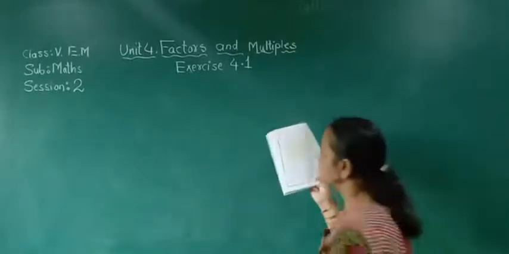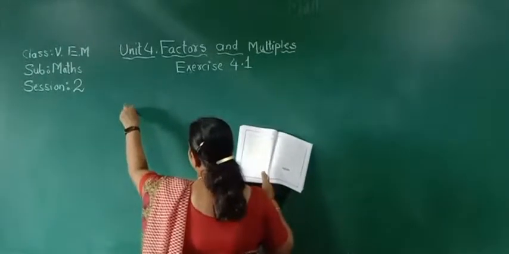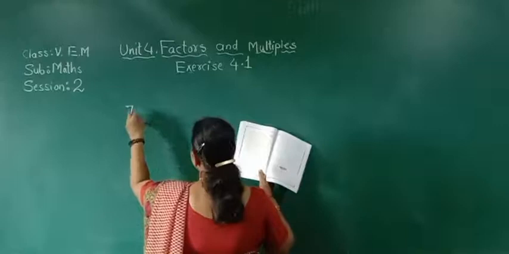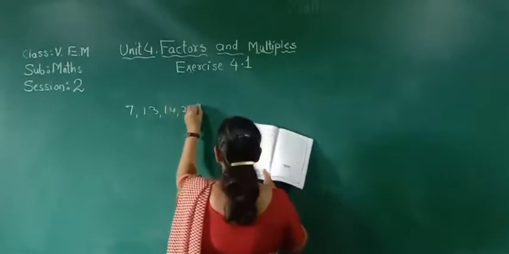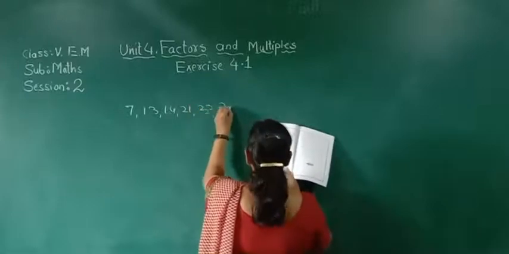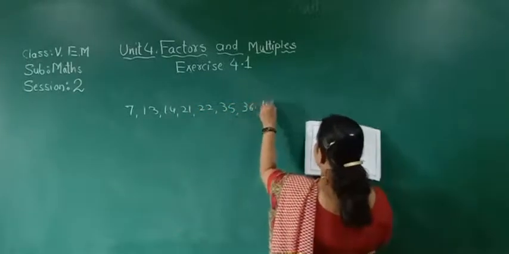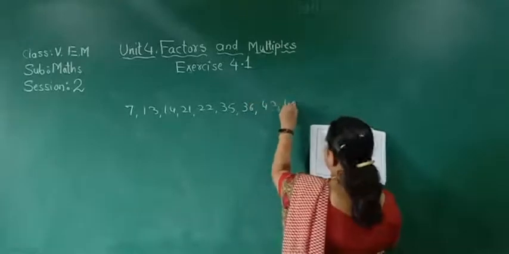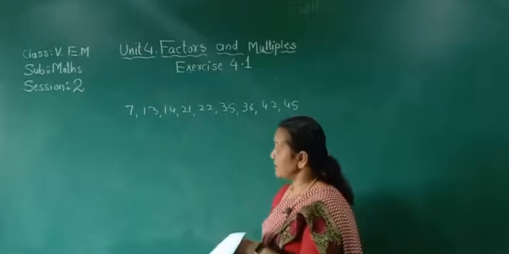Here some numbers are given. From that we have to circle the multiples of 7. Numbers are 7, 13, 14, 21, 22, 35, 36, 42 and 45. So here we have to find the multiples of 7.